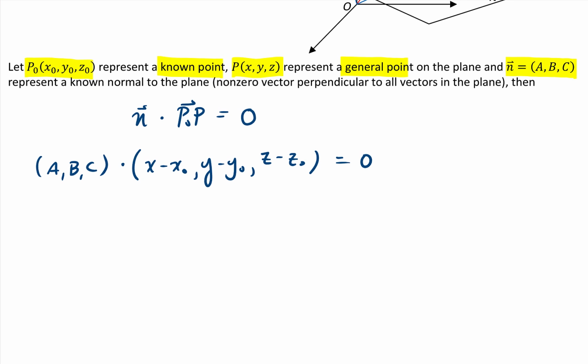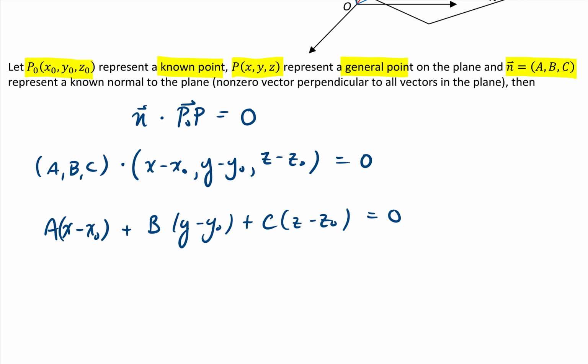If I dot these two vectors, I end up with A(x minus x0) plus B(y minus y0) plus C(z minus z0) equals 0. If I expand this expression, I get ax minus ax0, plus by minus by0, plus cz minus cz0 equals 0.